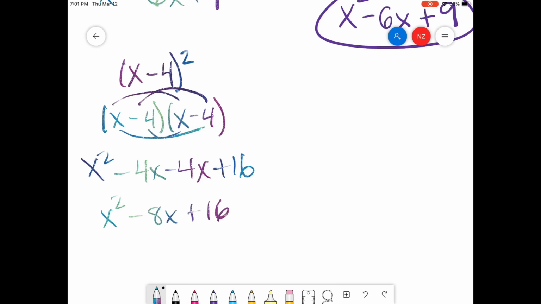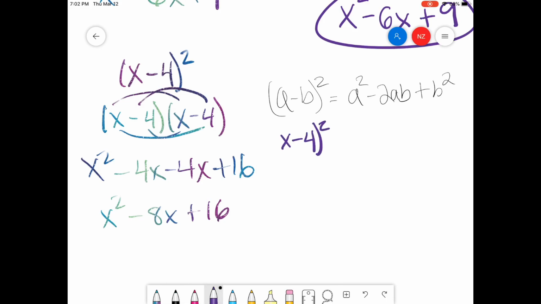Okay, back to the special product rule. If I have a minus b squared, I know that I'll get a squared minus 2ab plus b squared. So when I work that out, I would have my x minus 4 squared. A in this case is x and b in this case is 4.